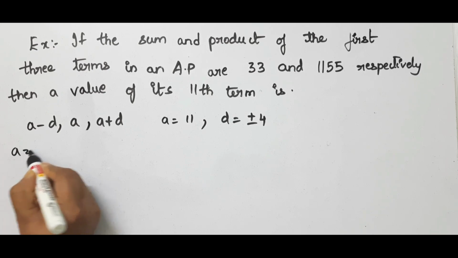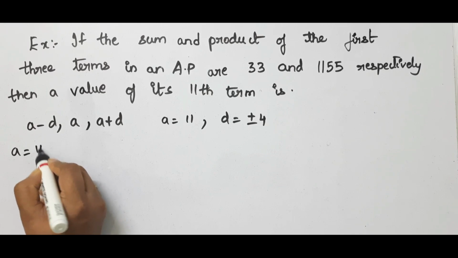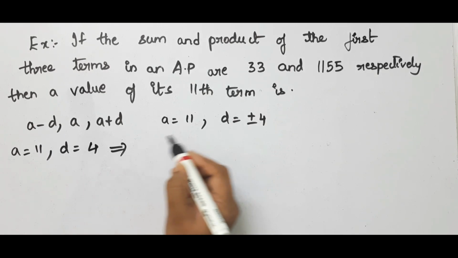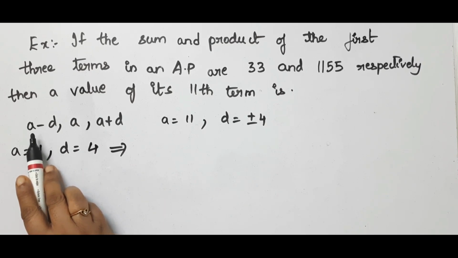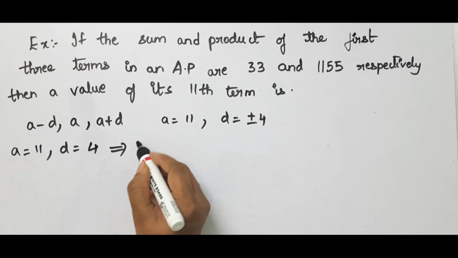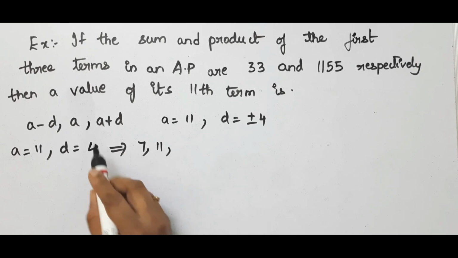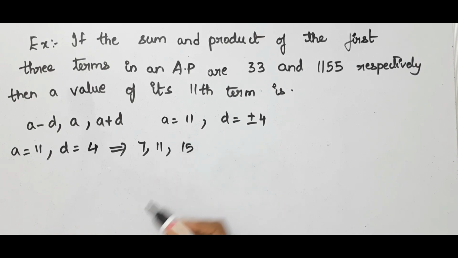So when A is equal to 11, D is equal to plus 4, the first three terms will be 11 minus 4, is it not? A is 11 and D is 4. 11 minus 4 is nothing but 7. In place of A we got 11, so A plus D, that is 11 plus 4, is nothing but 15.